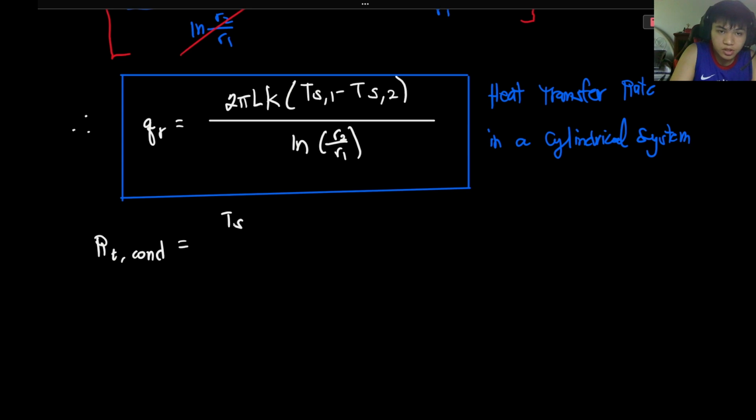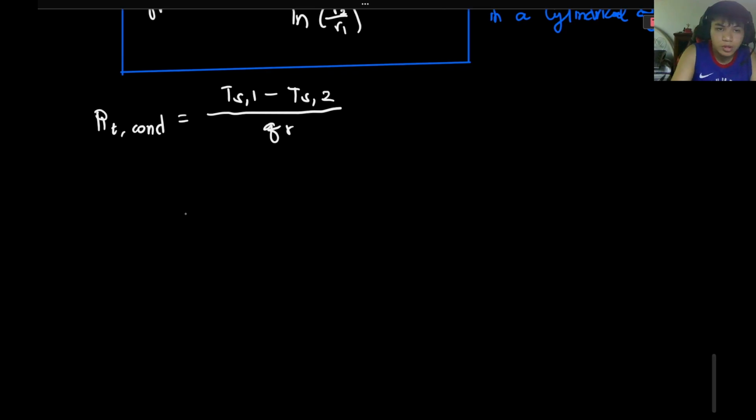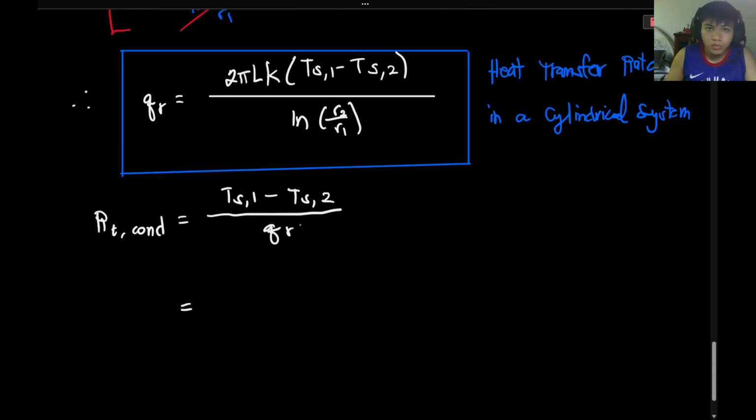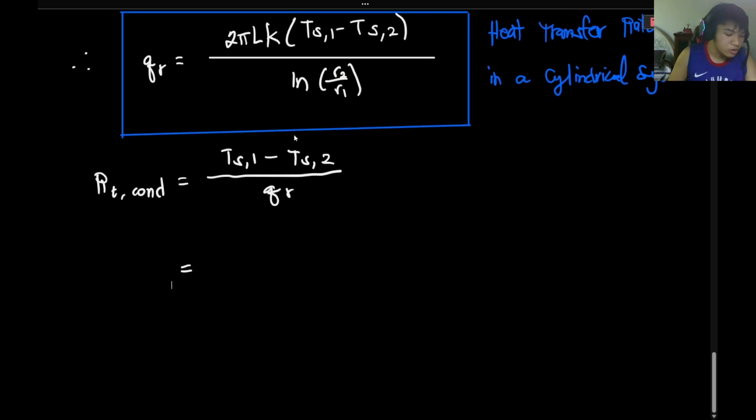So that is Ts1 minus Ts2 all over QR. Now we simply substitute our value of QR here. When we substitute this, what is in the denominator becomes a reciprocal in the numerator.